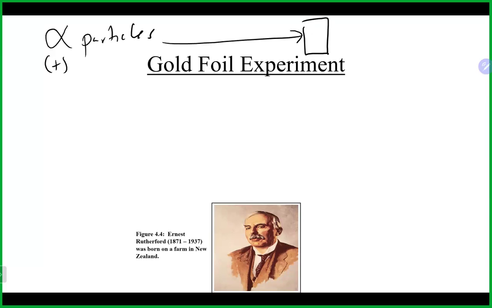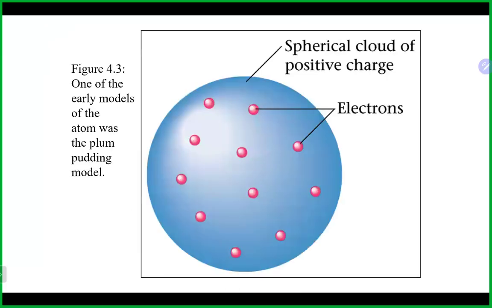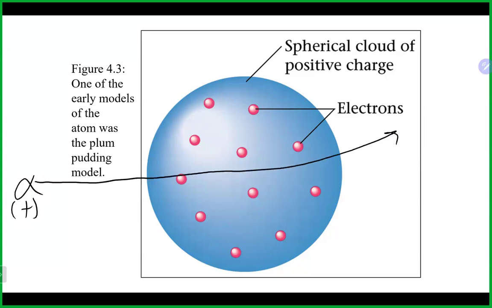So based off the previous model, which is our plum pudding model, what they anticipated happening was if they took these alpha particles, which are positively charged, relatively heavy, and moving pretty fast, they expected that these guys would punch through that positively charged kind of pudding and be a little bit deflected as they went through.